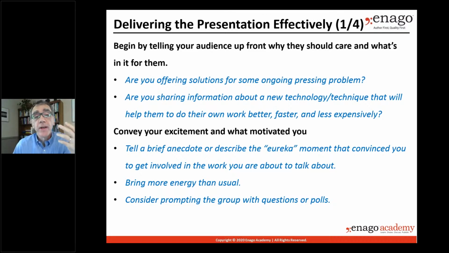So are you offering a solution to something that they might also need or would like to know about? Are you sharing some information about a new technique or technology that will help them do their own work faster?